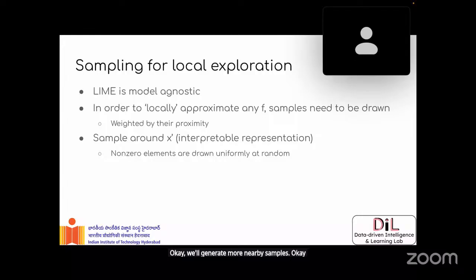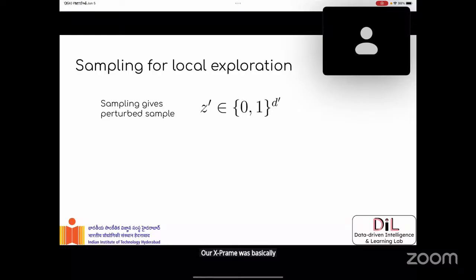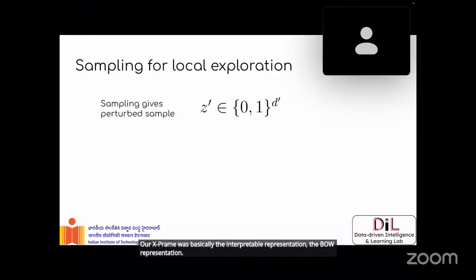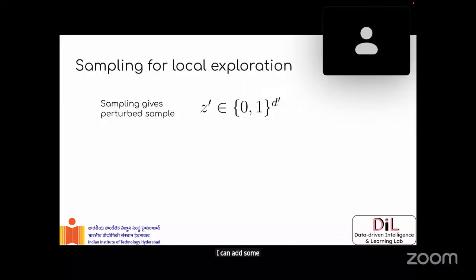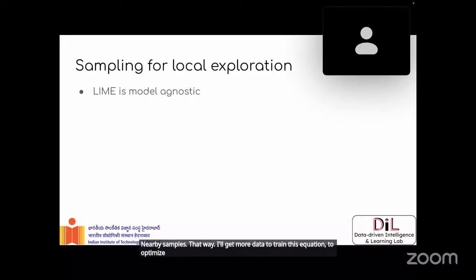Remember our x prime was basically the interpretable representation, the BOW representation. A lot of zeros and some ones and twos were there. I can add some zeros and ones to that representation to generate more nearby samples. That way, I'll get more data to optimize this optimization equation.